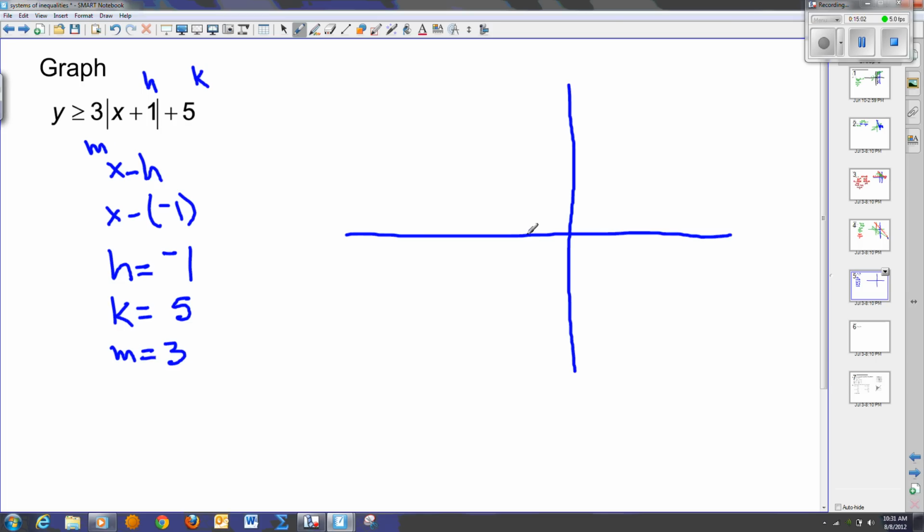We also found that the 3 represented our slope. So I'm going to translate 1 to the left, 5 up, and put our translated origin point, if you will. Now, from that point, we have a slope of 3.